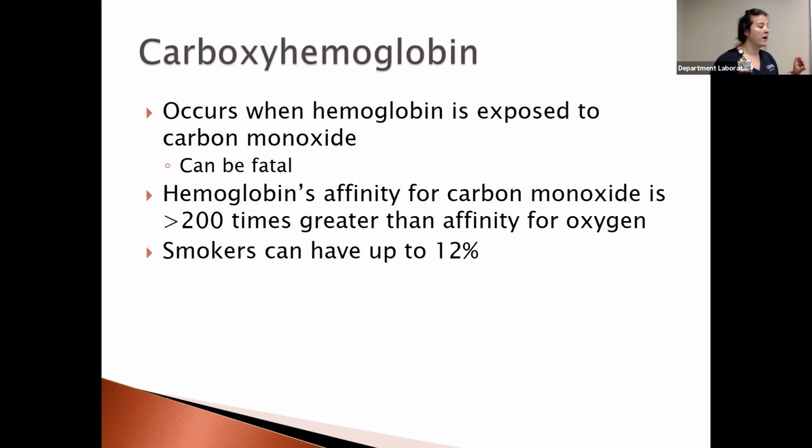The carbon monoxide is going to interfere in the hemoglobin structure, and it's going to prohibit the molecule from being able to bind to oxygen. So if carboxyhemoglobin is present, the affinity is actually 200 times greater for carbon monoxide than oxygen. So it's going to be carrying carbon monoxide instead of oxygen. All right, and this is a fatal condition.